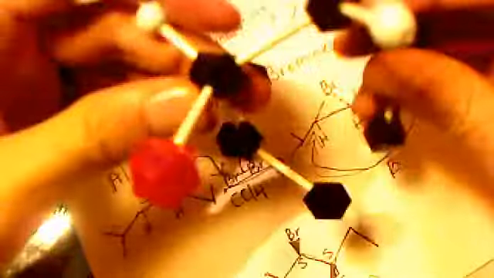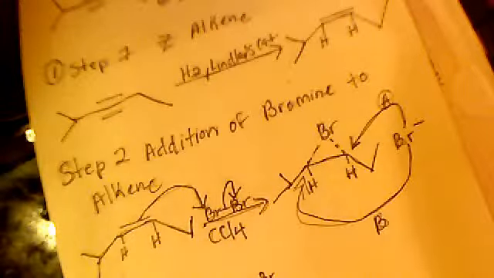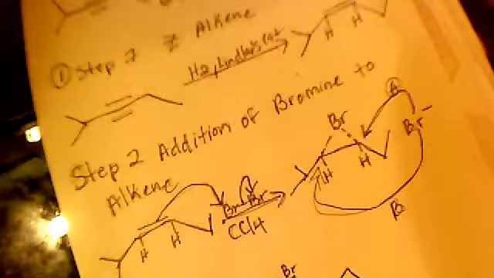We put the bond in, and this time when we get it like this, the two bromine atoms are going away from us, right? They're going away. So that makes them R, okay, you can't really see it that well. This is R. So that's how we get the enantiomer B.